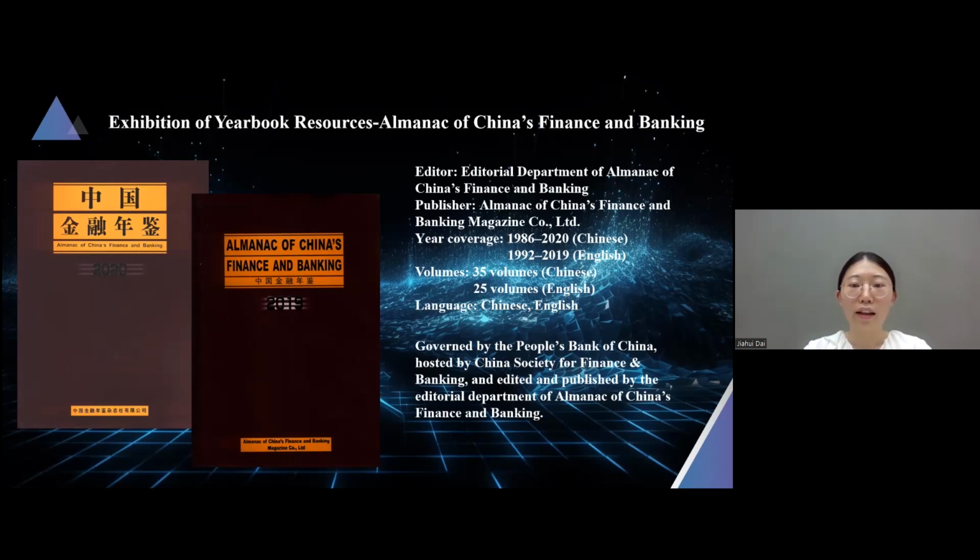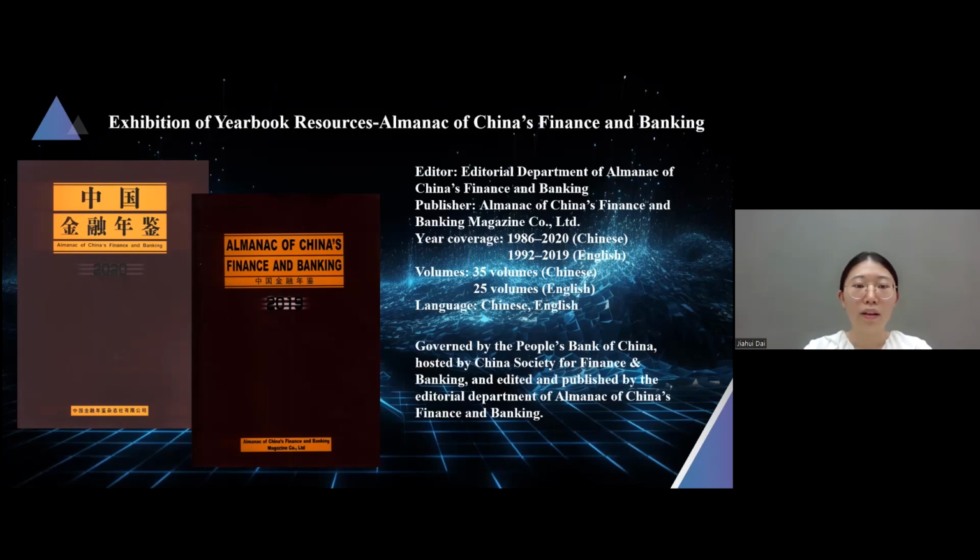There are Chinese and English versions. The Chinese version started earlier and has been published since 1986. At present, there are 35 volumes. In order to facilitate international exchange, the English version has been published since 1992.